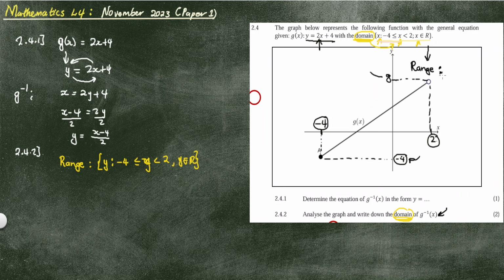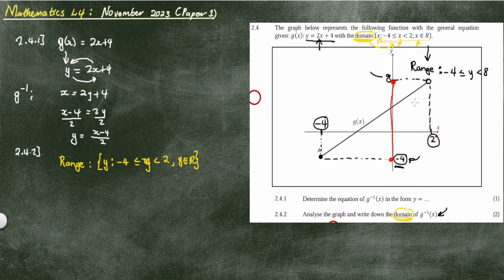The range starts from here, so we look at the y values. The y values start with minus 4 and go all the way up to positive 8. So the range is minus 4 less than or equal to y, and y less than 8. The 8 we exclude because there's an open circle.